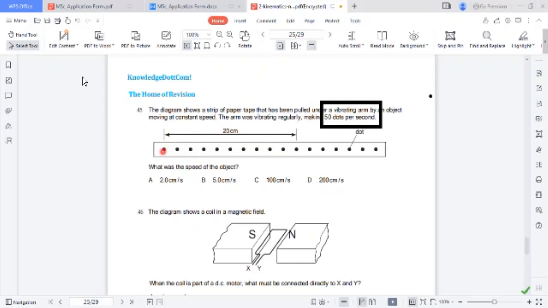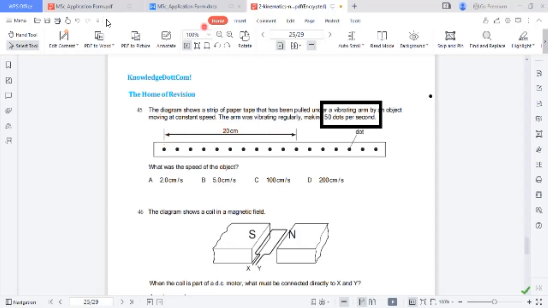Suppose this is our 0 position, 1 2 3 4 5 6 7 8 9 and 10. There are 10 dots and we have a length of 20 centimeters.